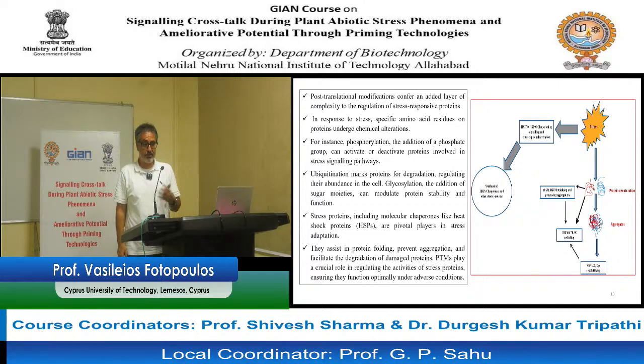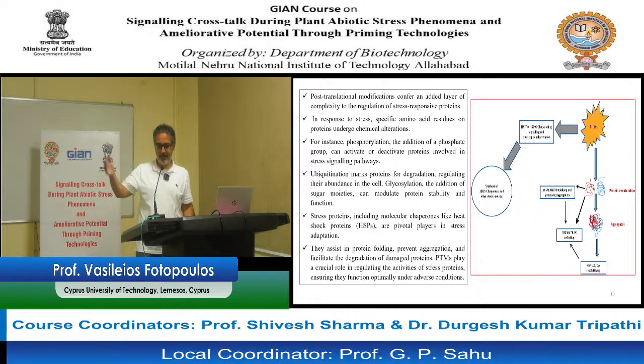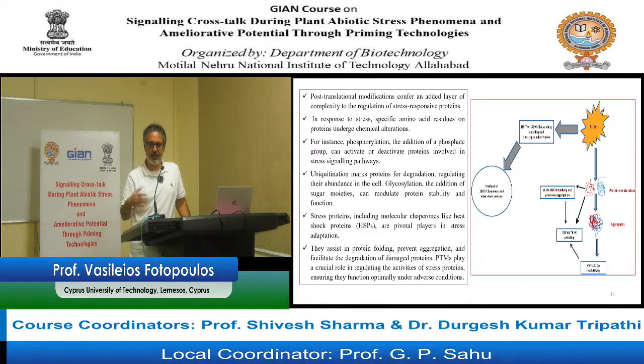So proteolysis is also very important. Okay? You have many different compound elements now that are actually very trendy in literature, like the activity of metacaspases and many different things. Autolytic, autophagic pathways and so on. So PTMs play a crucial role in regulating the activities of stress proteins, and this ensures that they will function under stress conditions.